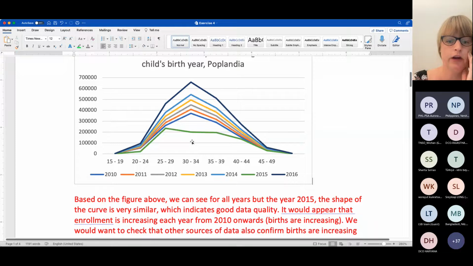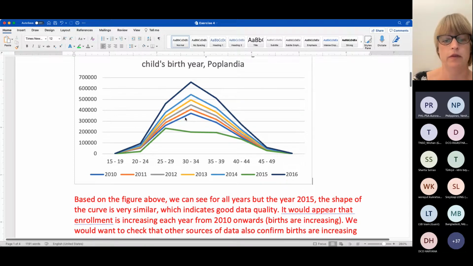So here's our graph. What we are seeing is that the shape of this curve is pretty consistent over time for all years, with the exception of this green line, which is 2015. So something different or strange is happening in 2015. Here's 2010, 2011, 2012, 2013, 2014, 2016.